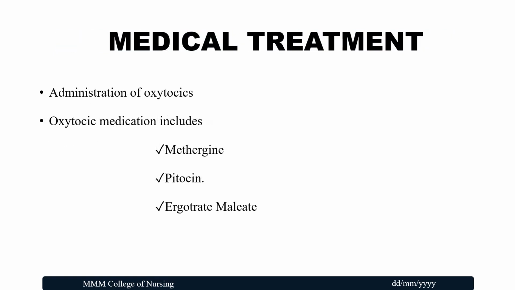For the medical treatment for subinvolution, we have to administer oxytocics to improve the uterine muscle tone. The oxytocic medications are methergin, pitocin, and ergotrate maleate. Among them, methergin is one of the drugs of choice because it can be given by mouth also.